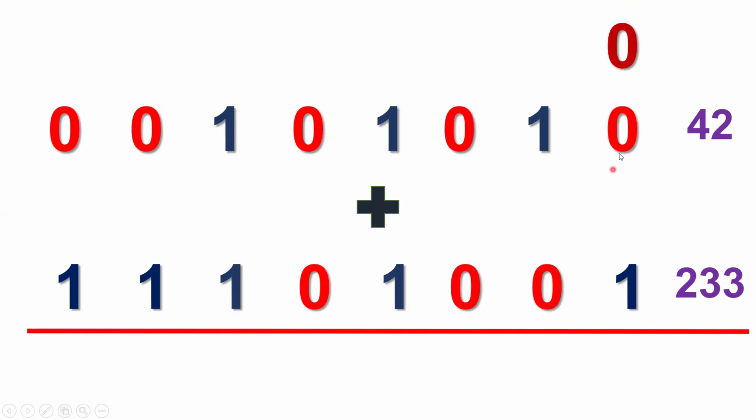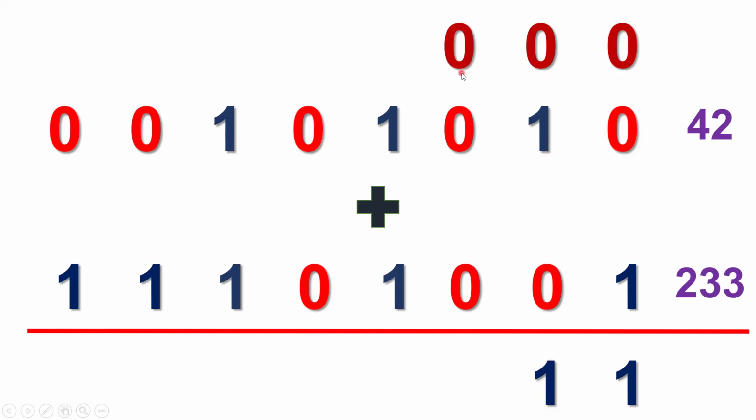Now, 0 plus 0 plus 1 gives me binary sum of 1, and it generates no carry. That's why the carry here is 0. Now 0 plus 1 plus 0 in binary, I get a sum of 1. Again, it generates no carry.